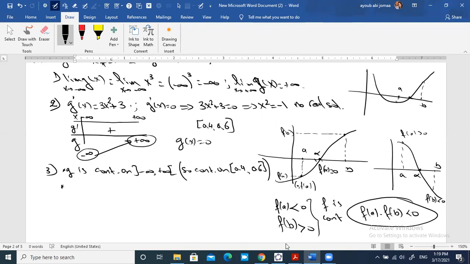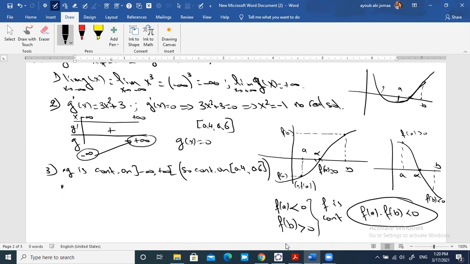Here you have a unique solution in the interval AB, just taking this piece from here to here. But that doesn't mean you have no solution elsewhere. Here you could have another solution in an interval other than AB. But if you restrict your study to AB, you have only one solution, a unique solution in the interval AB. But if you take the whole domain together, you may find another solution elsewhere. But in our function, it is increasing from negative infinity to positive infinity on the whole domain, which means on the whole domain you have only one solution.